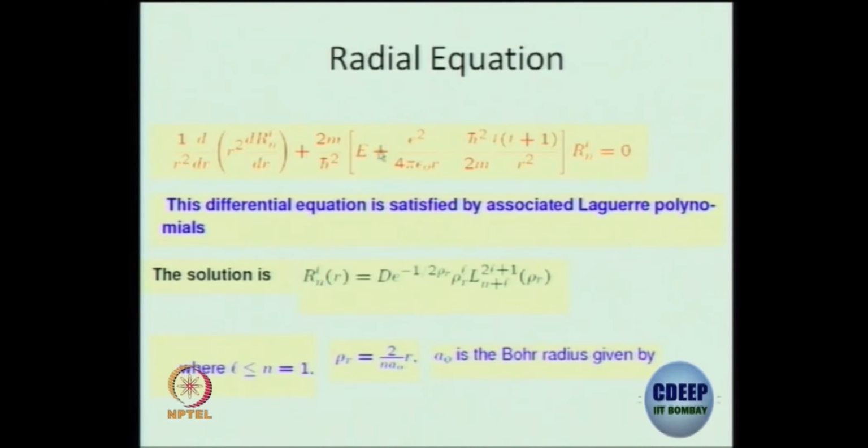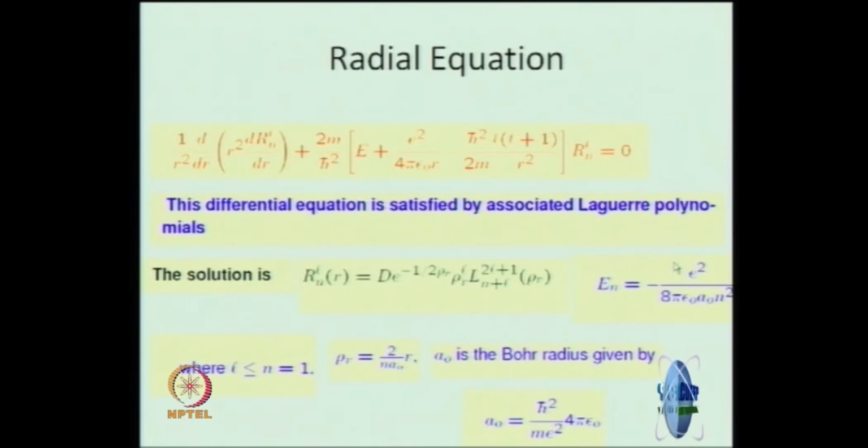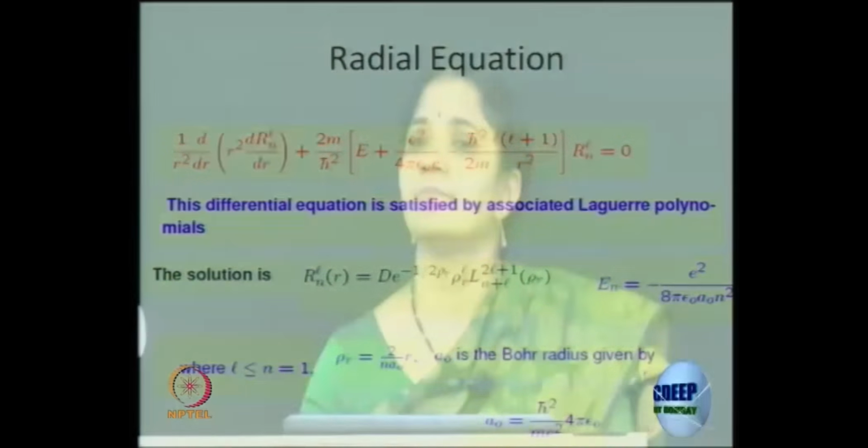Okay. There E may not be energy, maybe some constant, but now we can try to write that energy in terms of those. So E_n is proportional to 1 over n squared with a negative sign. So why a negative sign? Bound state.